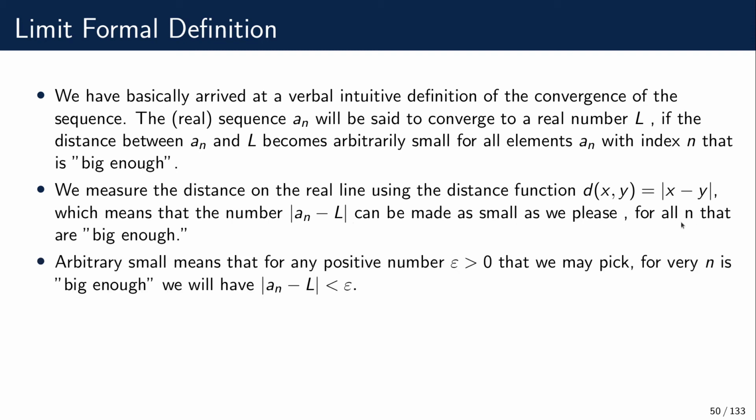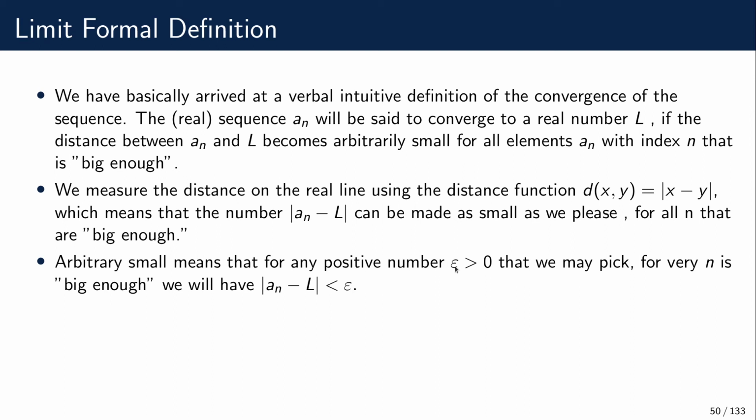And what does it mean to make it arbitrarily small? As we've said, if I want, I can make this difference smaller than 1000. And if I want, I can make it smaller than 1 billionth. And if I want, I can make it smaller than 1 billionth of a billionth.